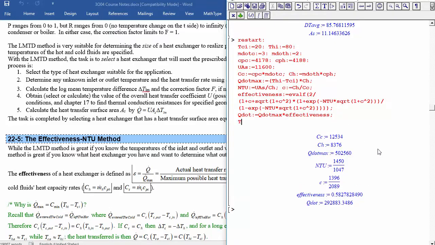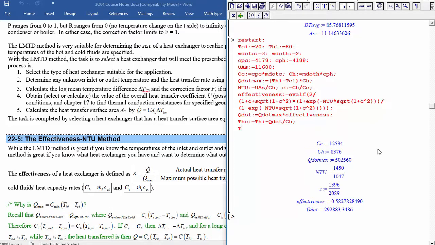And we can figure out the exit temperatures now. T_h exit would be equal to T_h inlet minus the actual Q dot over the hot fluid heat capacity rate. And similarly, the cold fluid exit should be T_c,i plus Q dot over C_c. So this tells us that in this particular case, the hot fluid has exited at 45 and the cold fluid has exited at 43.